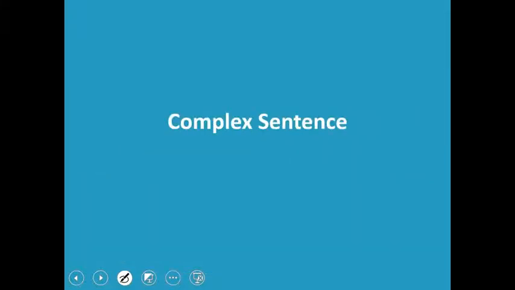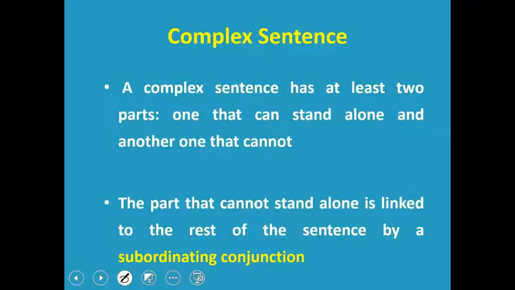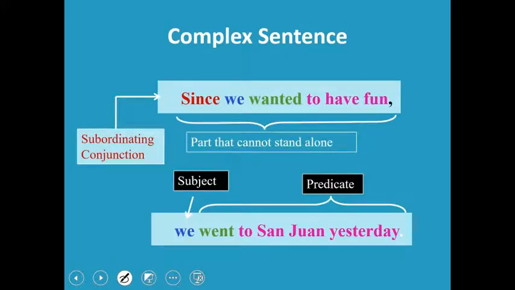Now let's see the complex sentence. The complex sentence is similar to the compound sentence in that we have two clauses, but in this case we have one independent clause and one clause that depends on the other. So we got one simple sentence and another that doesn't make sense by itself. So we got a part that cannot stand alone. For example, since we wanted to have fun, we went to San Juan.